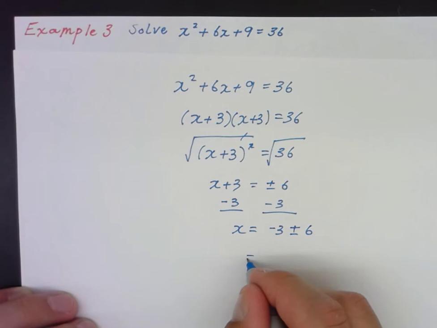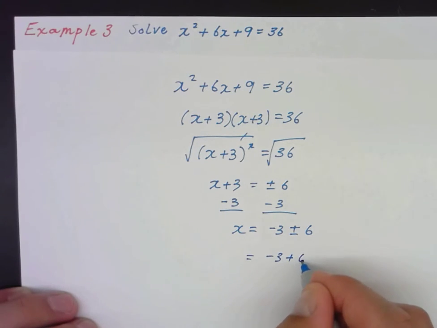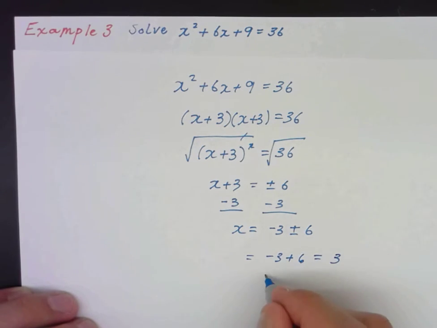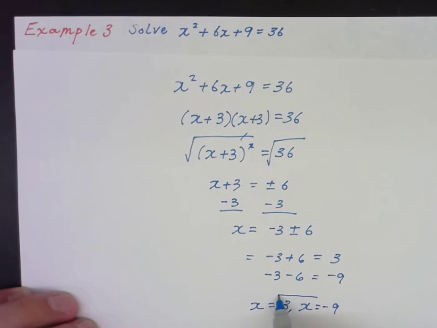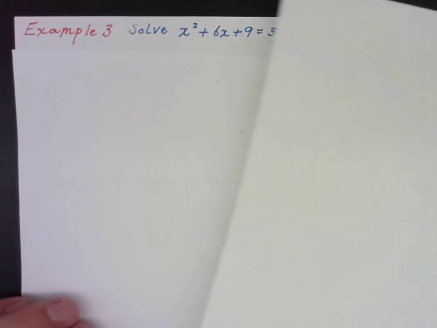Negative 3 plus 6 is 3, and negative 3 minus 6 is negative 9. So our two solutions are x equals 3 and x equals negative 9.